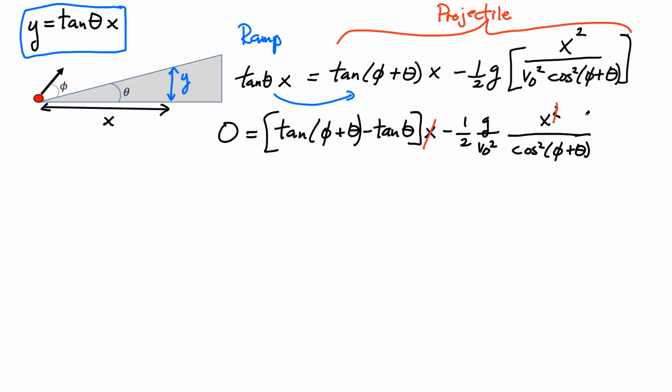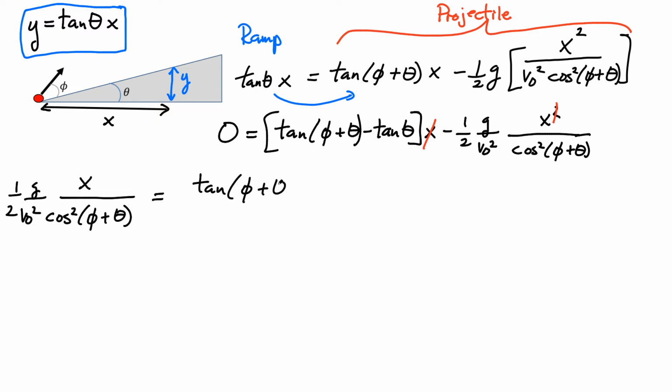So I can bring everything on this side, and what am I left with? x divided by cos squared of phi plus theta. Let's not forget those constant terms here. I have the 1/2 little g over v naught squared. And this has to be equal to this trigonometric function over here of phi plus theta minus tangent of theta.